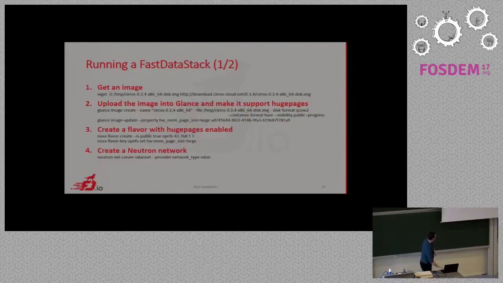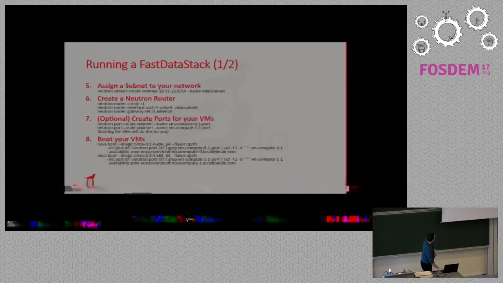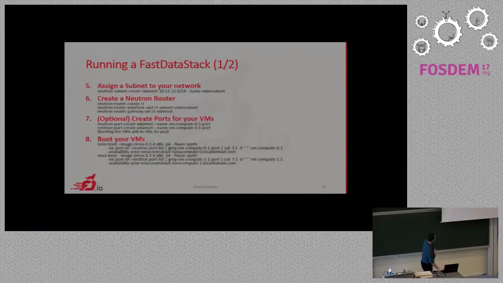There are also commands for creating a network, router, bridge, subnets, and ports. And then nova boot will spin up the VM, and GBP will ensure that it's going to be connected to the VPP.